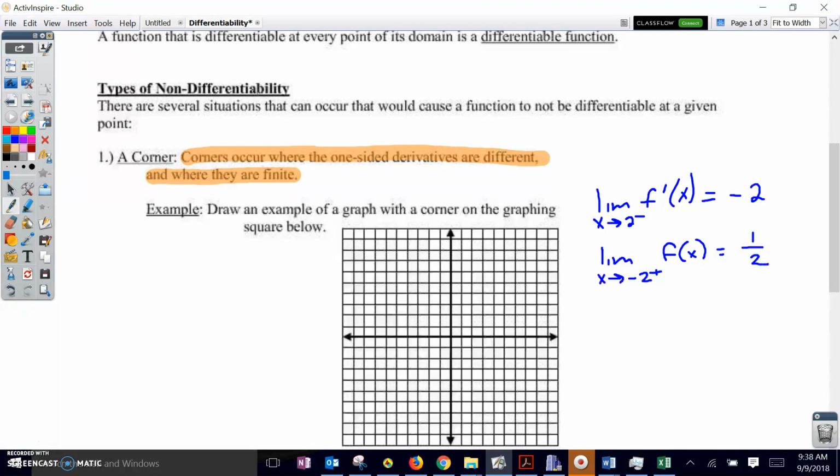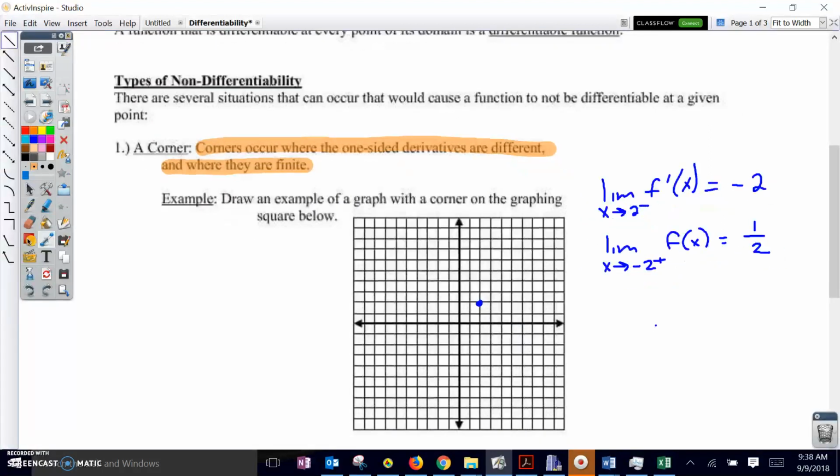So what that means is if I put a generic point on here at x equals 2, we have that the derivative is -2 to the left of that, and so we're going to draw a line segment emanating away from there where the slope is -2.